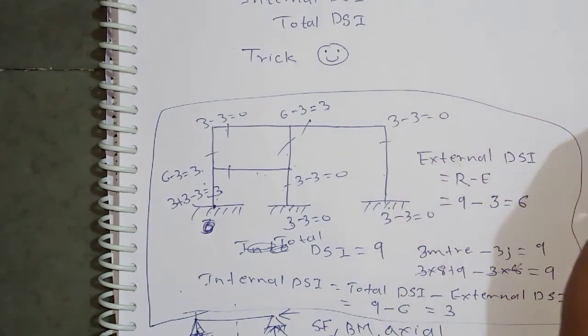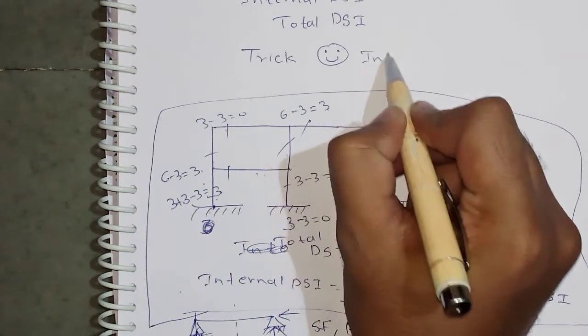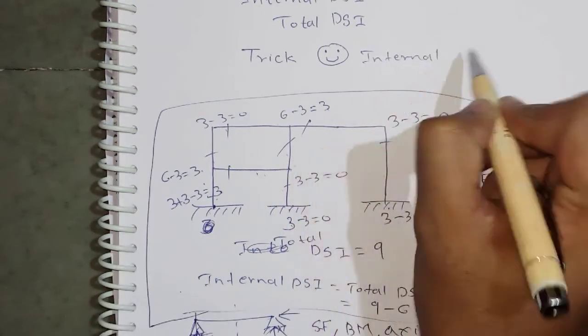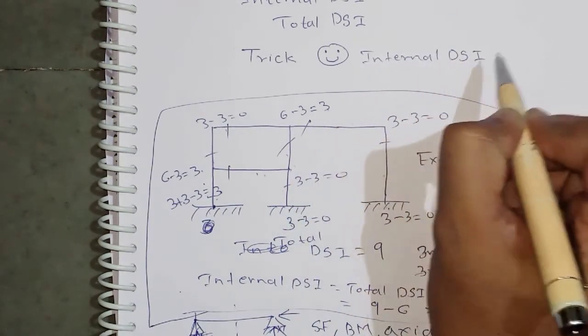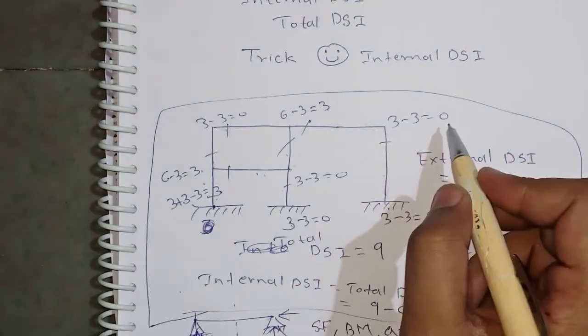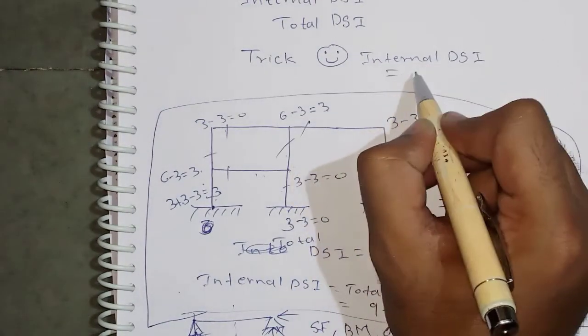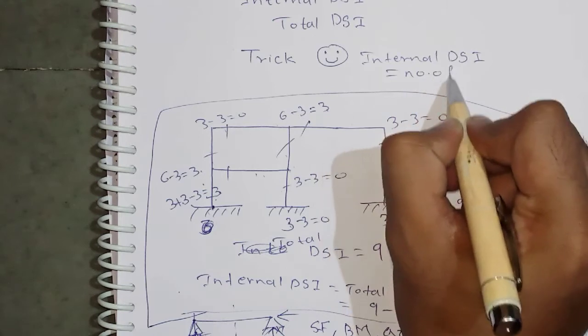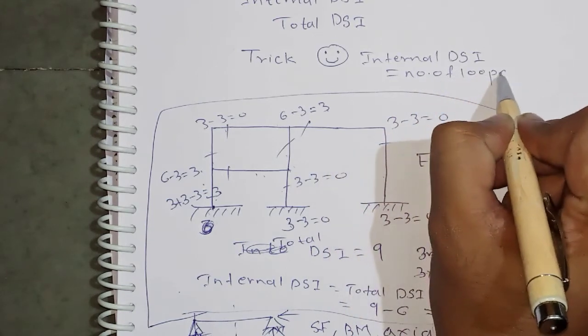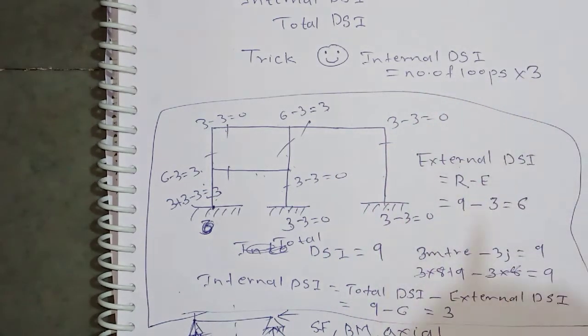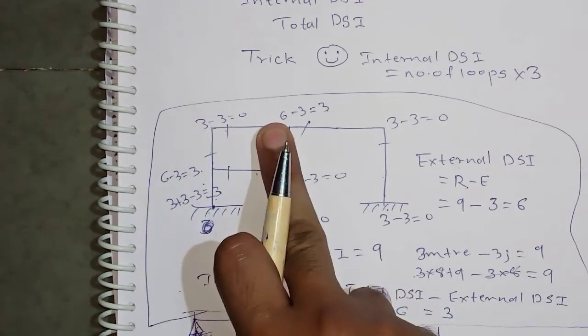We have a trick for the internal degree of static indeterminacy of frames, which is equal to the number of loops into 3. It is valid only for rigid jointed frames.